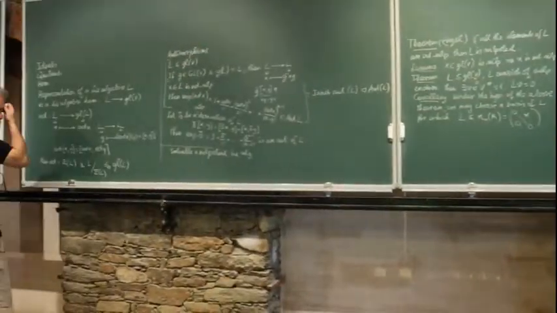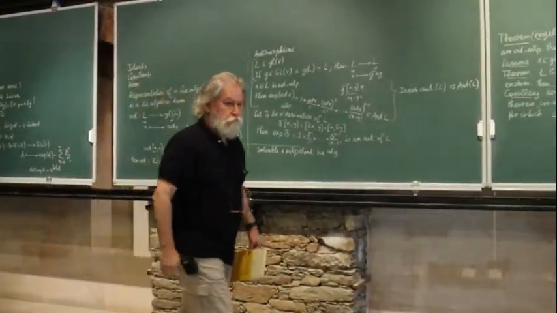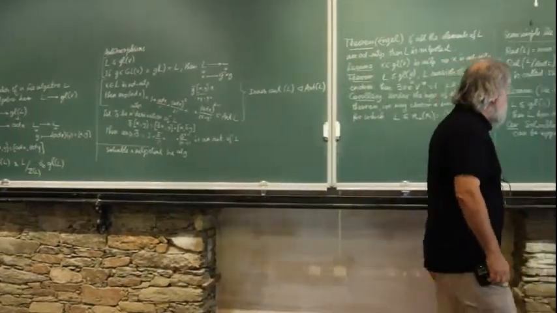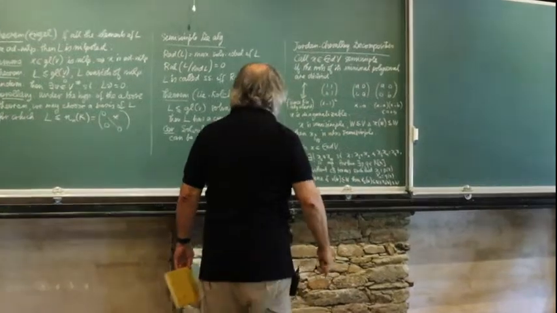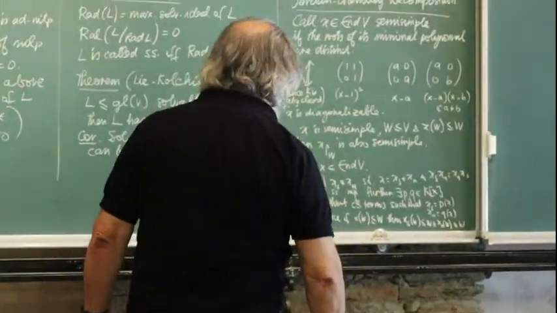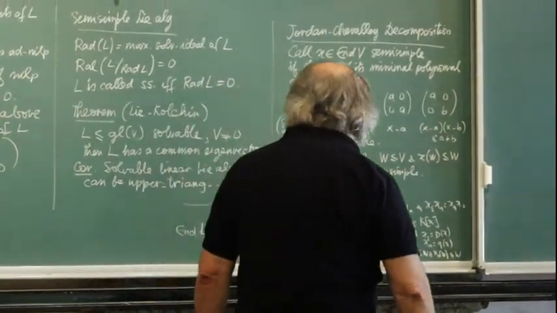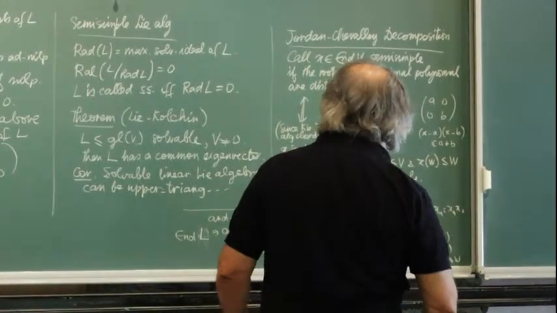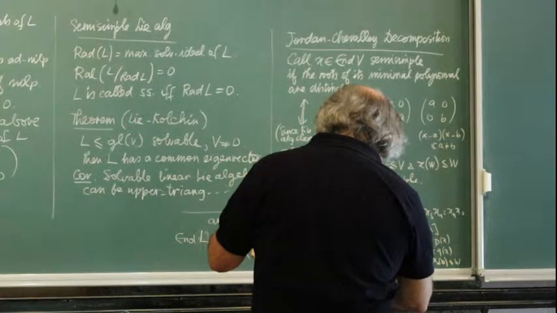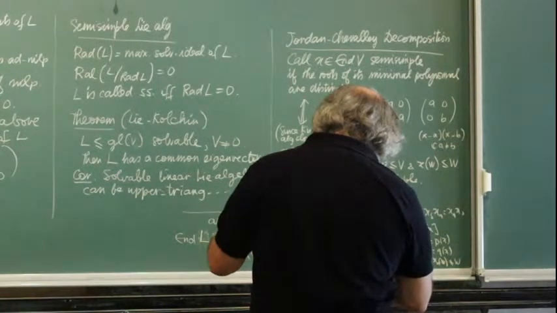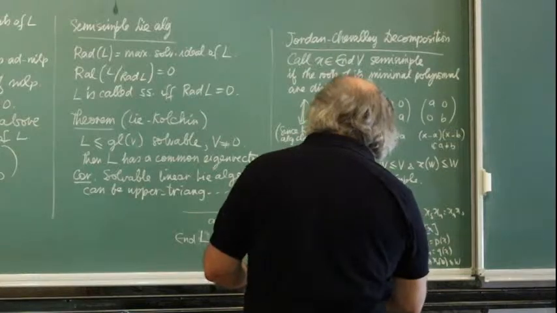No. L is linear, and X is an endomorphism of V. It's fine.